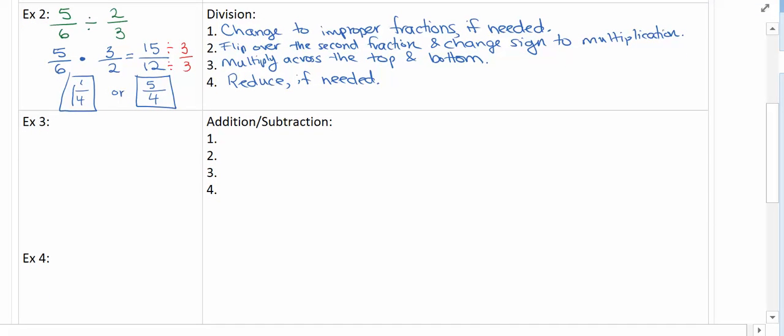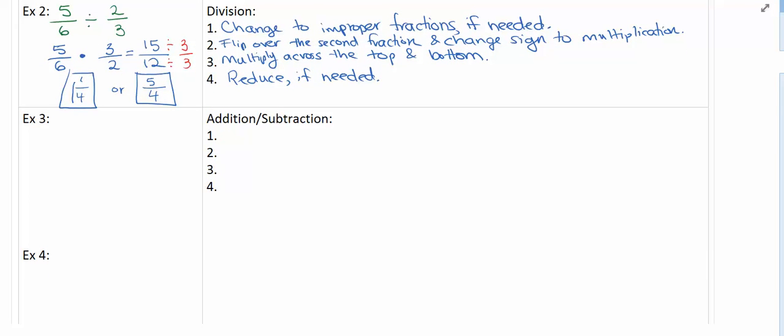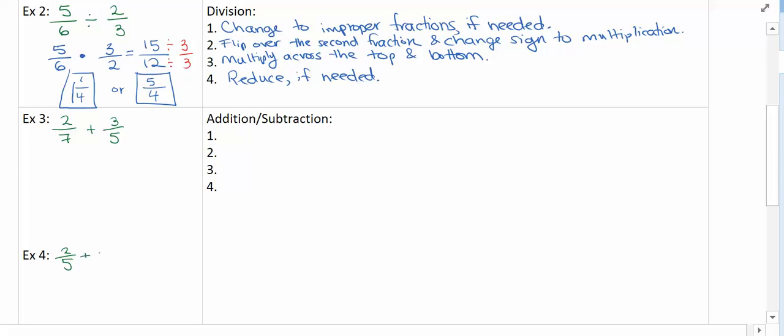Alright, next one is addition and subtraction. If you look at your examples, we have 2 examples here. We have 2/7 plus 3/5, and we also have the example of 2/5 minus 1/10.